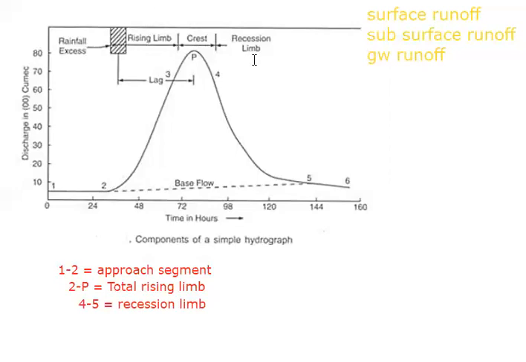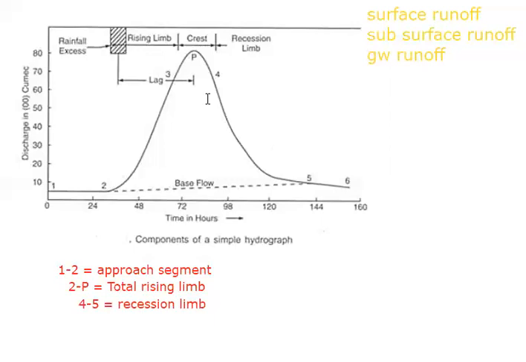So next we have the recession limb. It is the decreasing portion, or you can say the descending part, of the hydrograph.